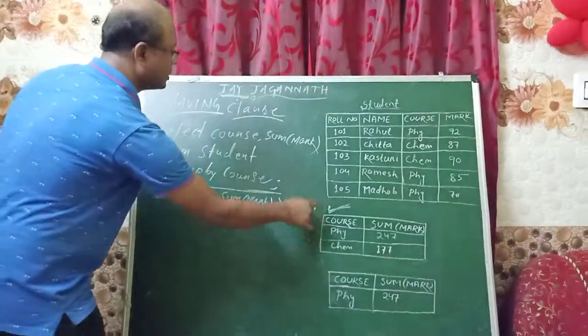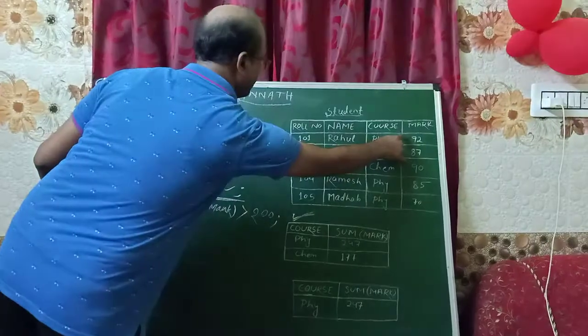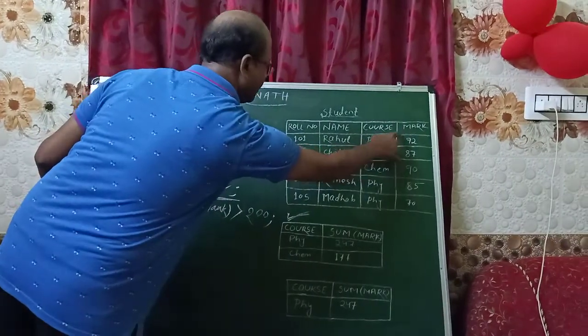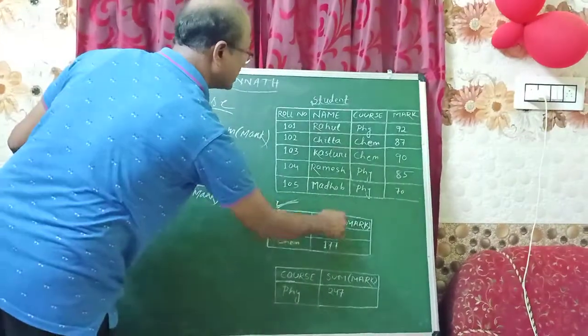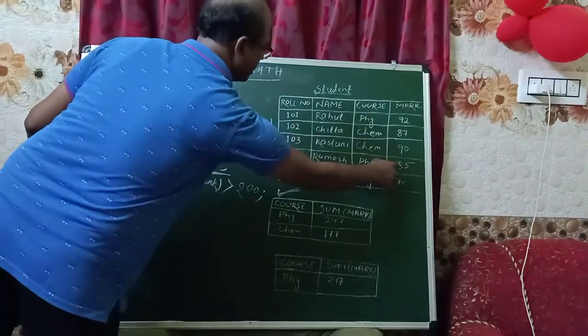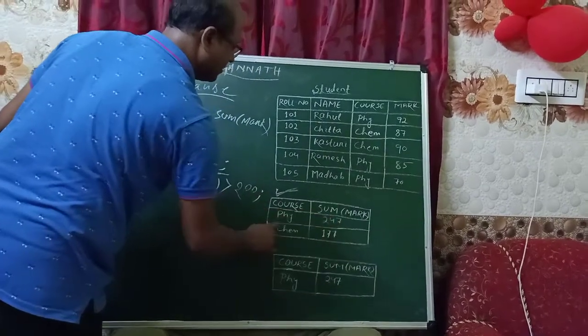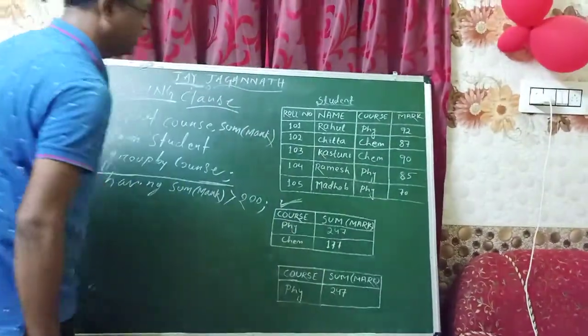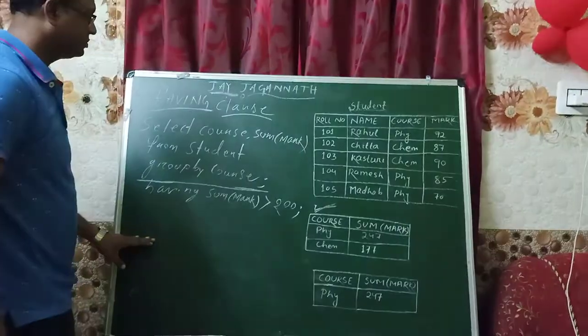Select course, sum of mark, meaning you do the summation of marks course wise: physics 247, chemistry 177. It gives group wise summation of marks.